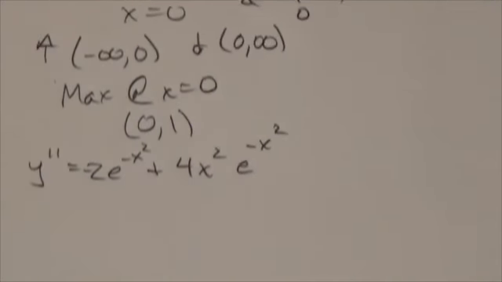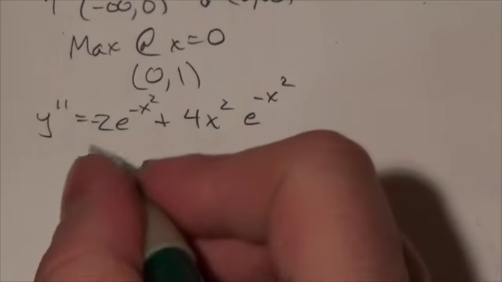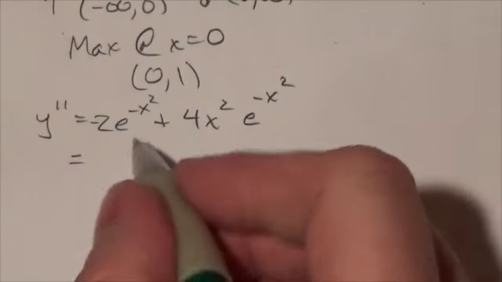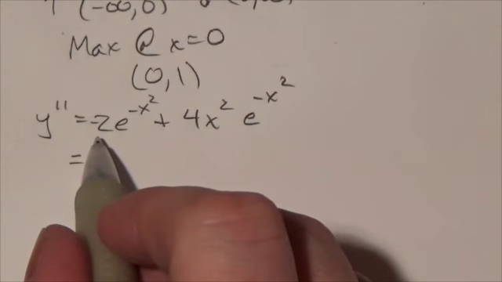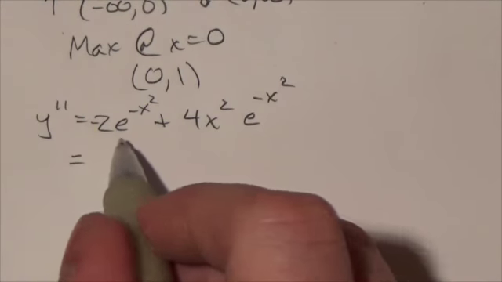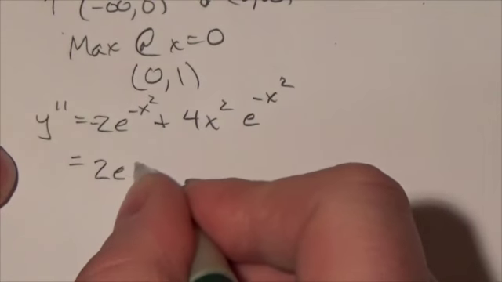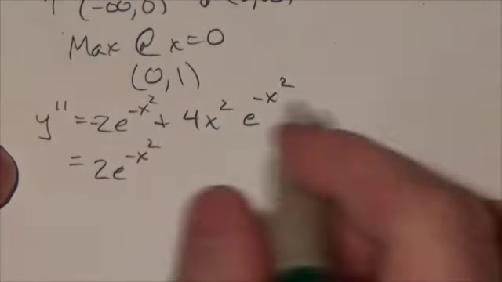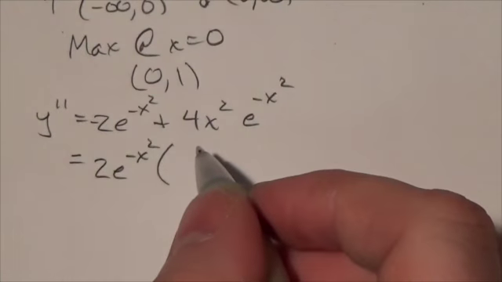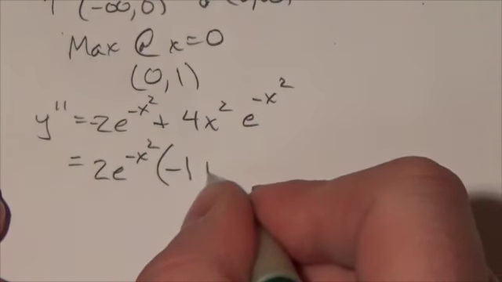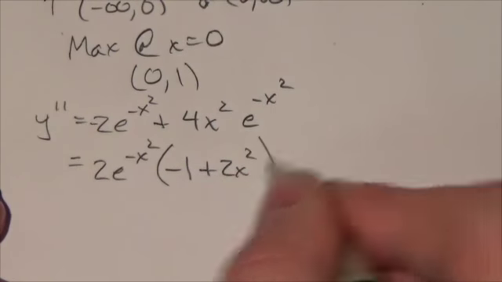Now the second derivative is a little bit more complicated. Just for the sake of simplicity, let's be lazy here and leave the x squared as positive. So let's factor out a 2 e to the negative x squared. That's going to leave me with negative 1 plus 2x squared.